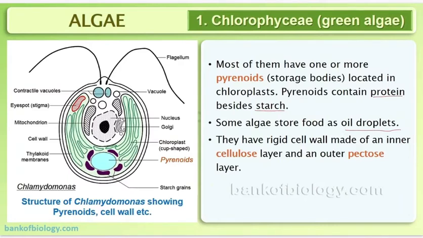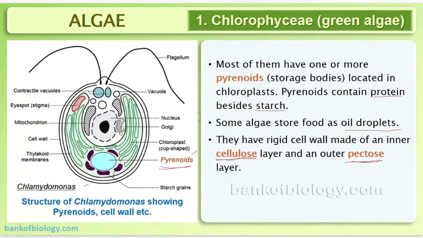Starch, of course, is a carbohydrate. So protein plus starch. Some algae store food as oil droplets, some as fats. They have a rigid cell wall made up of an inner cellulose layer, and this is important, and an outer pectose layer. This is how the cell becomes rigid.